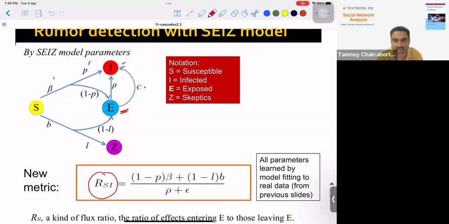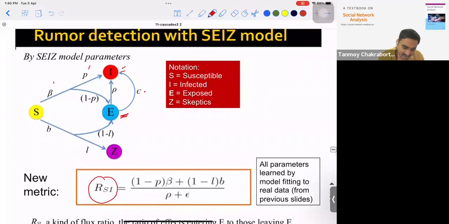So since this is about rumor propagation, assume that exposed users are those users who have already encountered the rumor, right? And you see here that with certain probability, some of the exposed users are moving to infected, meaning that those users will further retweet the rumor.